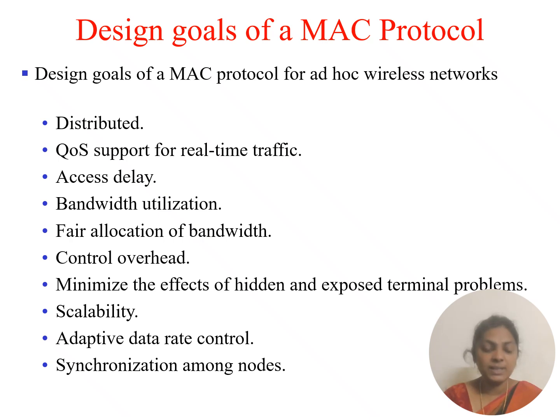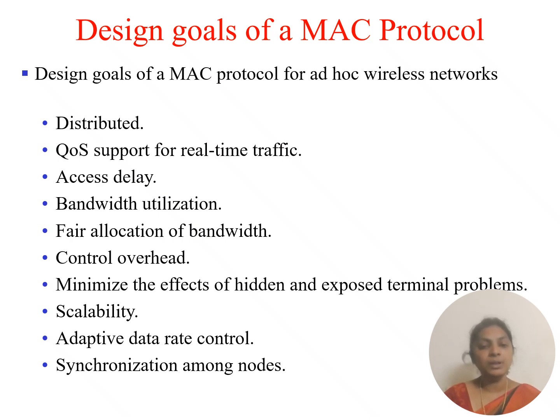And the last one is synchronization among the nodes. As we have already seen, synchronization is a common issue in wireless communication. So how can we deal with this? Our protocol should be able to send some communication between the source and the destination so that they both are on track of sending as well as reception.